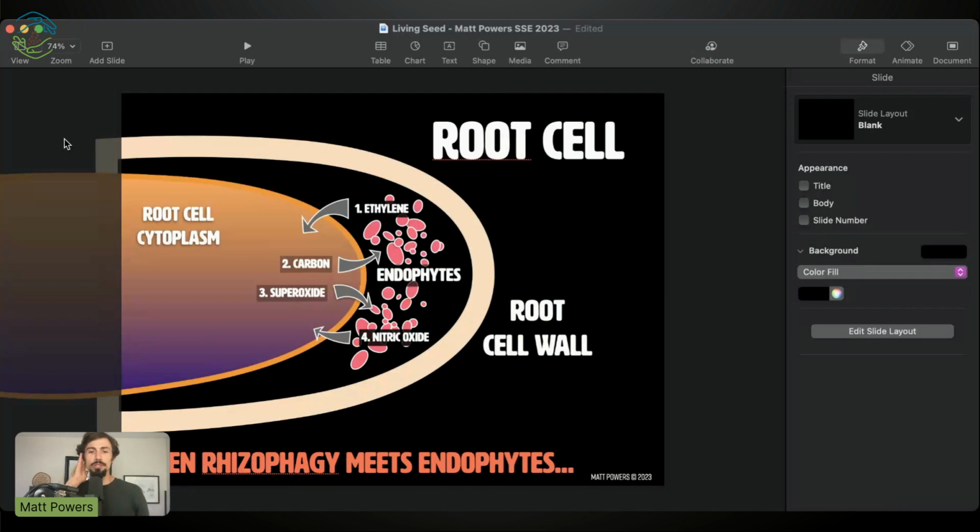When these microbes are inside the plant, they get bombarded with the same superoxide and they have to release nitrogen. And that nitrogen provides the plant with another form of nitrogen that's independent of the soil and the air, and it's internal. It's already there, perfectly in situ.